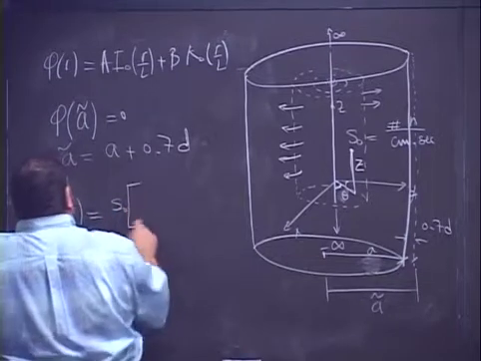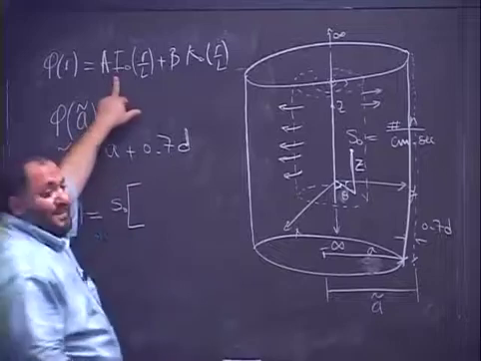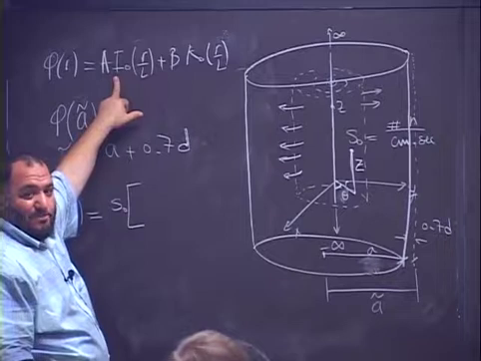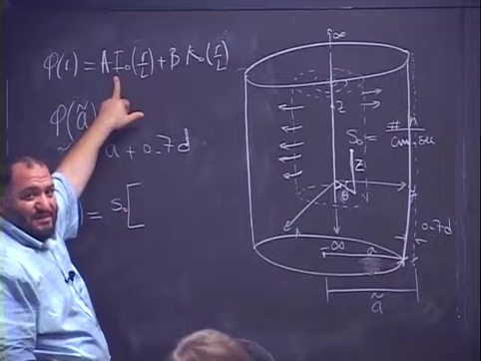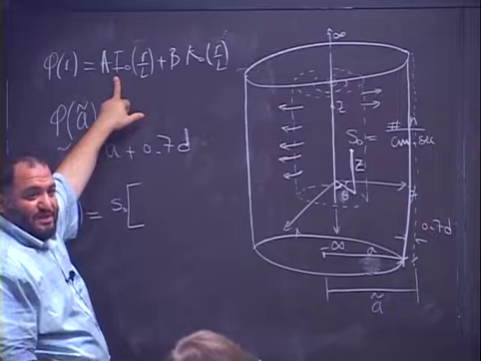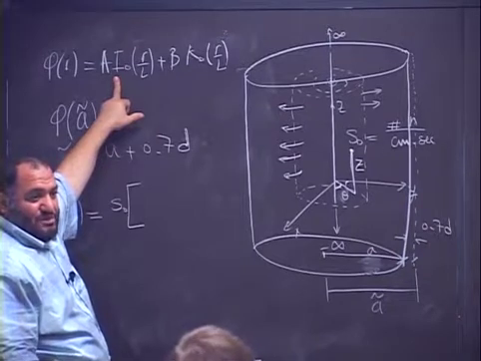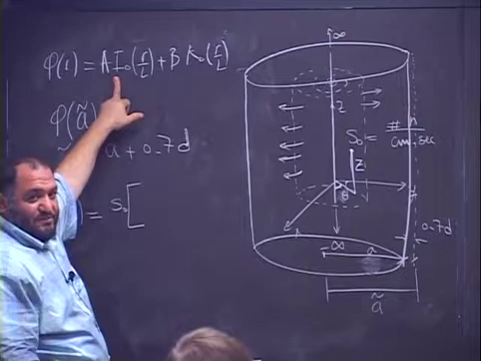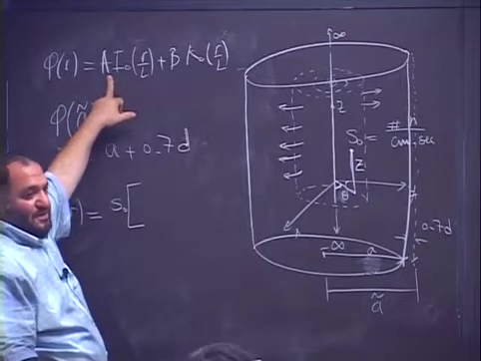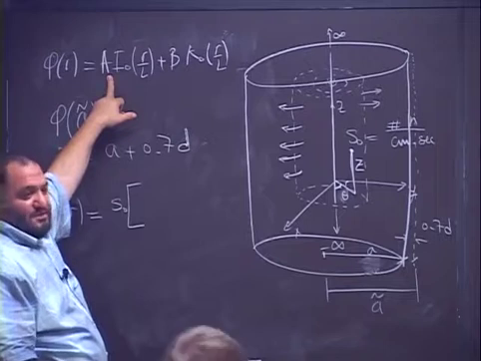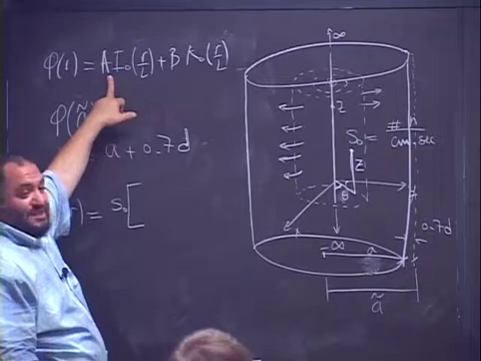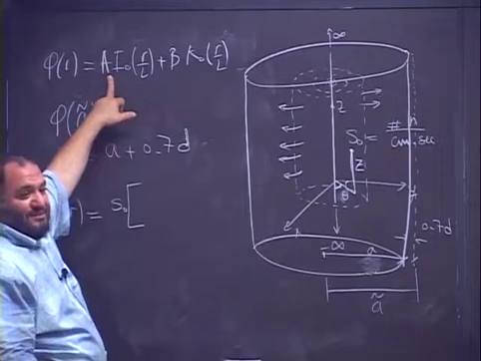I will not cancel A, because I have a finite dimension, so I cannot say that this term is equal to 0. In an infinite system, I have this term equal to 0 because the flux is finite at infinity, but here I do not have an infinite system.